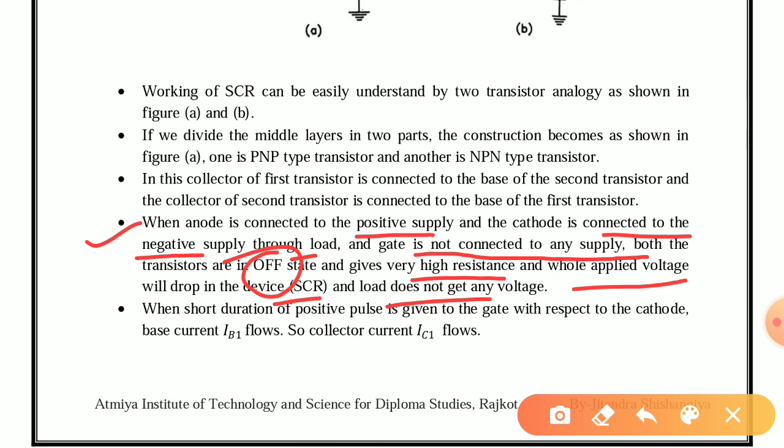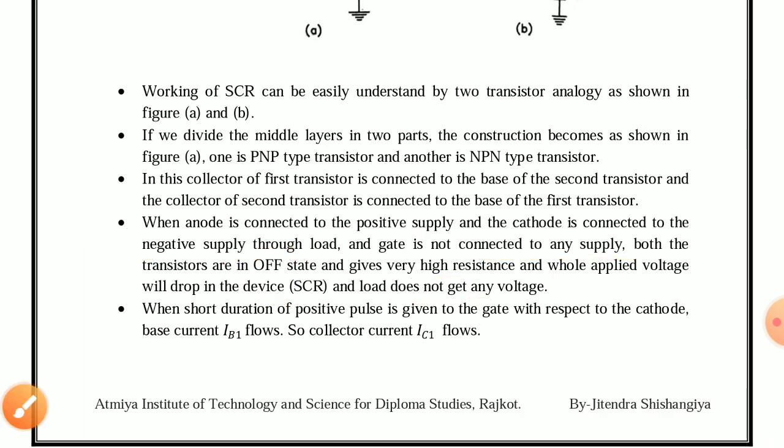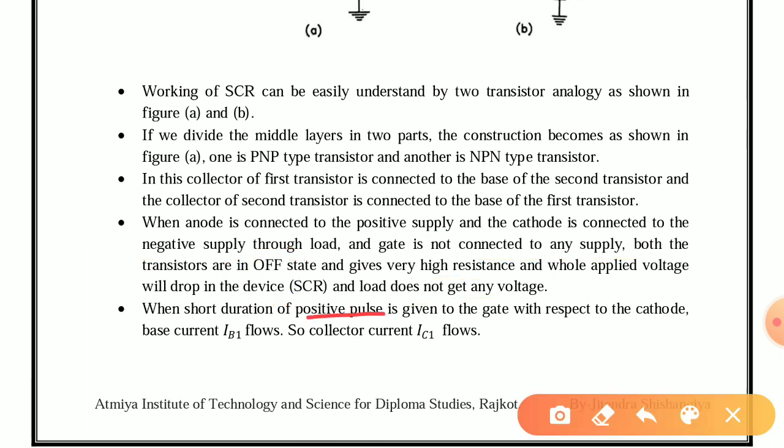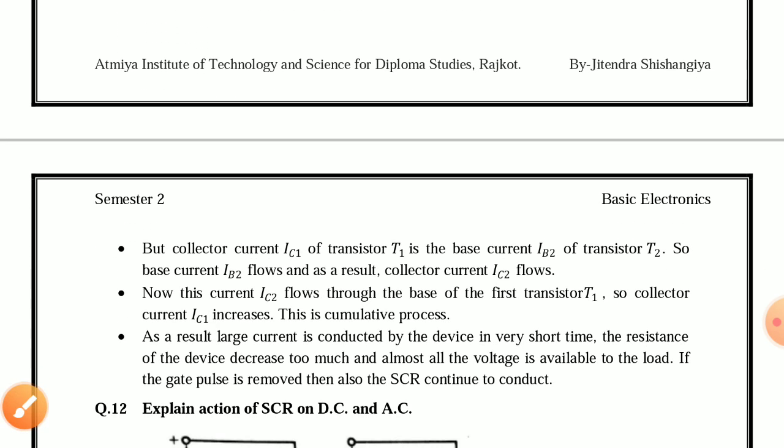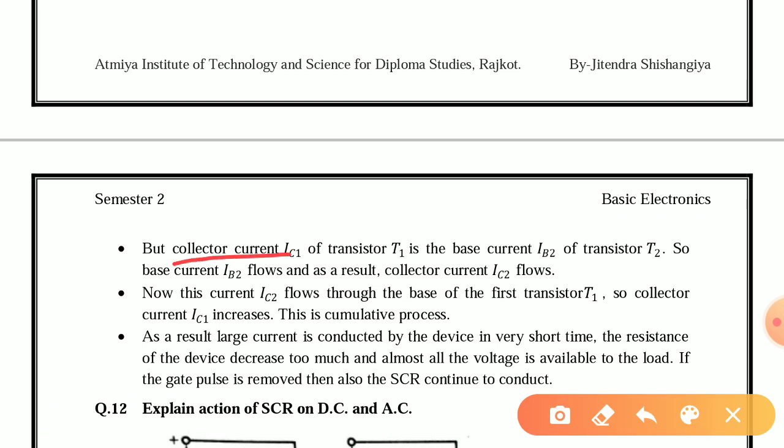Now the working starts when a short-duration positive pulse is given to the gate with respect to the cathode, and the base current IB1 flows. As the base current flows, the collector current also flows. This collector current IC1 of transistor T1 becomes the base current IB2 of transistor T2.